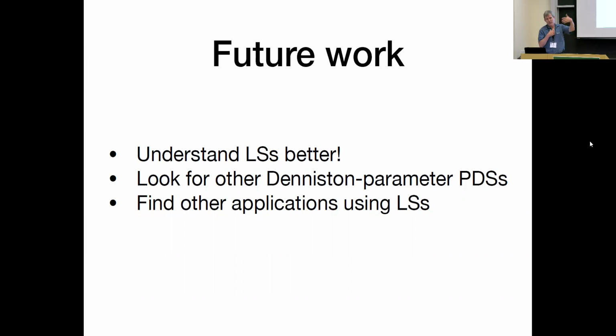I've shown the 64, 18 parameters. That's one of the Denniston parameters. There are lots of other Denniston parameters. I think that's a natural place for this linking property to show up.